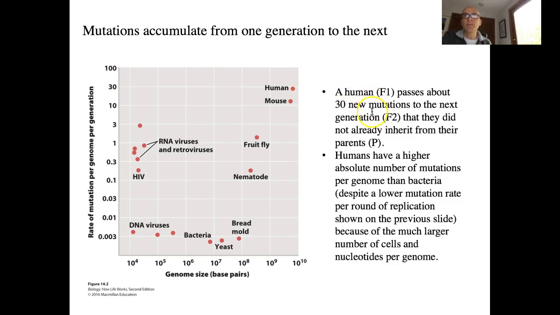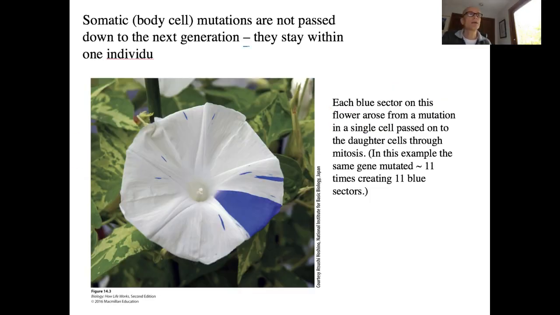An important other thing to remember is that the parts of the genome that are actually genic, in other words, that are coding for proteins, are only a few percent, right? You saw that on the pie chart for the humans last time, it was maybe 5% or so. So 30 new mutations anywhere in the genome may not actually affect many protein genes. So that's another thing to remember.